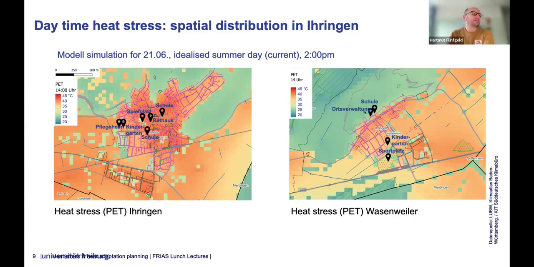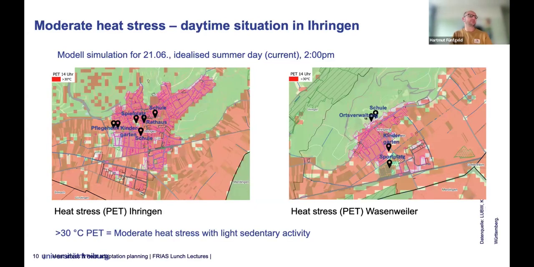And you can see that there are some really interesting patterns here, even at this rough, coarse resolution. We have, and this is in German, unfortunately, the school, the town hall, kindergartens, a nursing home, and playgrounds, all in this area that is particularly prone to heat on the left-hand side here.